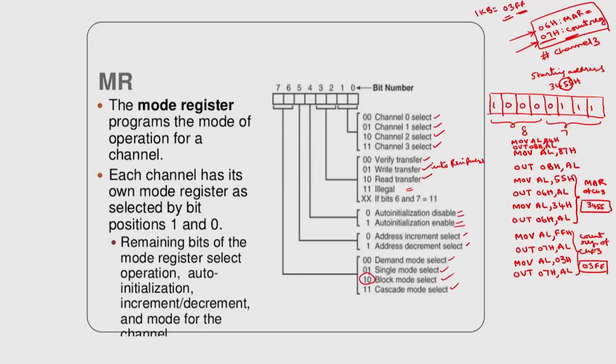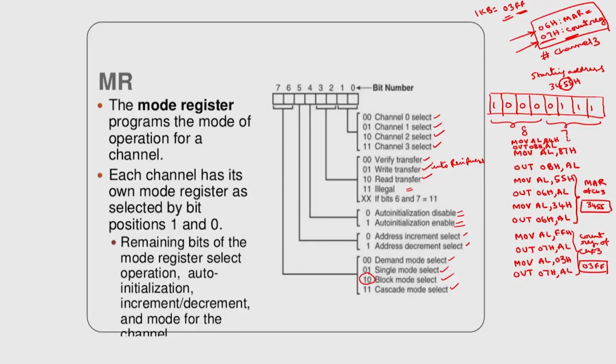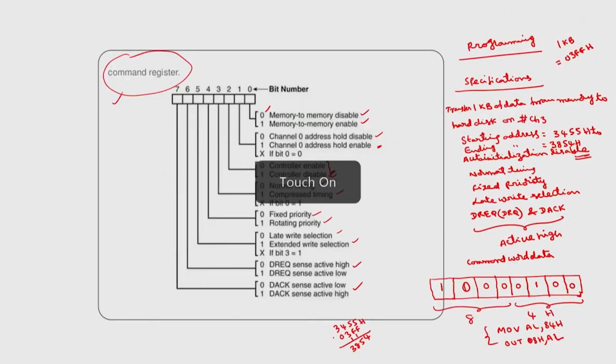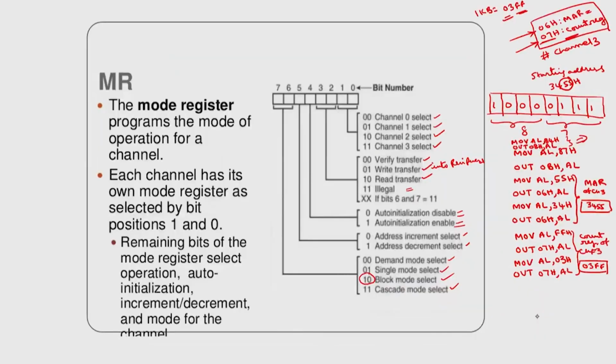So, we have given all the specifications. I know the starting address, I know the number of bytes to be transferred. Then you have to enable the DMA. In the previous command word, we had disabled the DMA by putting 1 on the corresponding pin. Now, I have to enable it for the data transfer. If I enable this, it will become 80H.